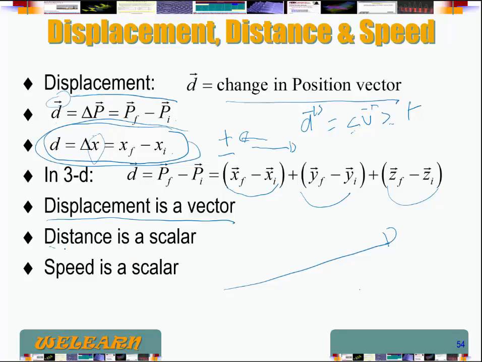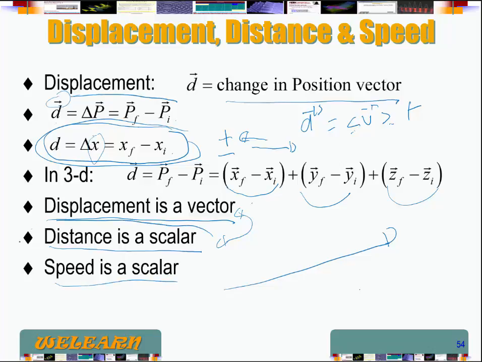Remember, distance is a scalar. The magnitude of a displacement is a scalar, but it's not necessarily equal to the distance traveled. It is a distance, but not necessarily the distance traveled. Be careful about that. Speed is also a scalar, like distance.